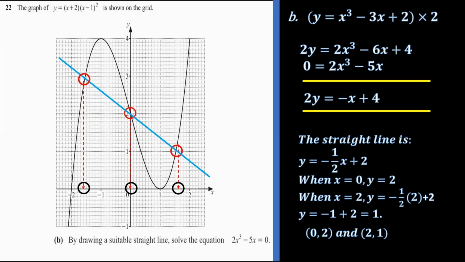If I take the arrows down to S axis from those three intersecting points, I'm going to get these values. S is 1.6, S is 0, and S is minus 1.6.